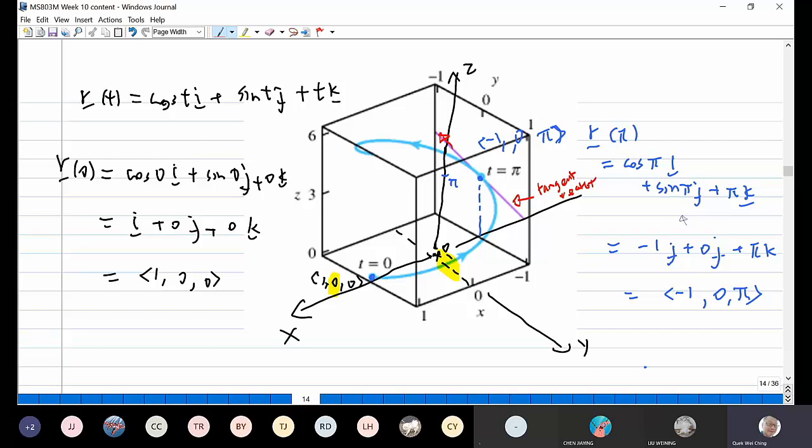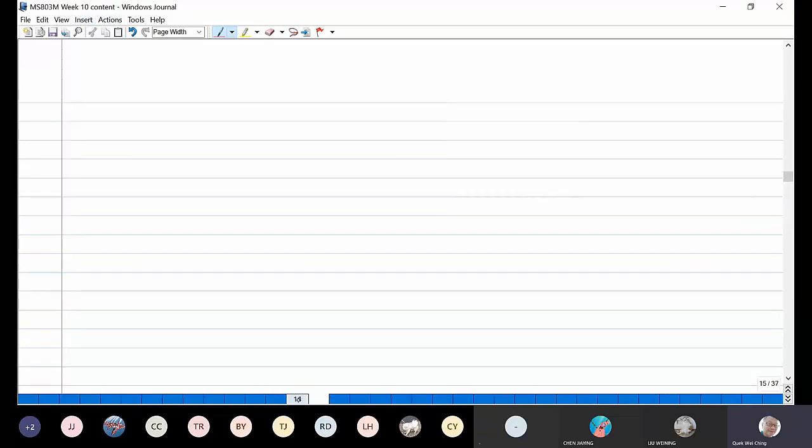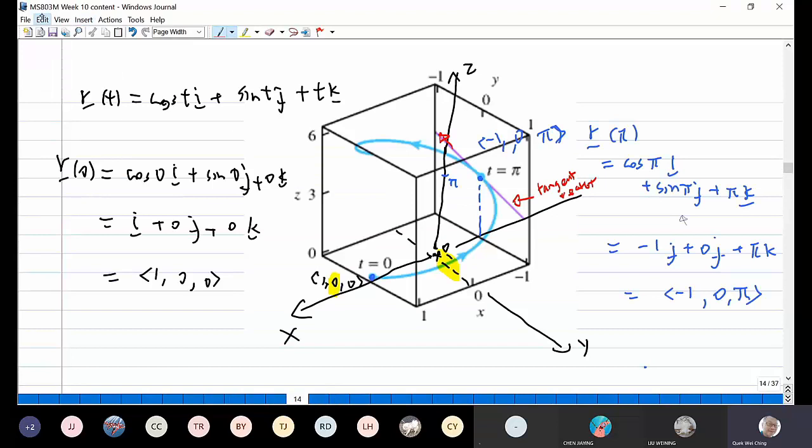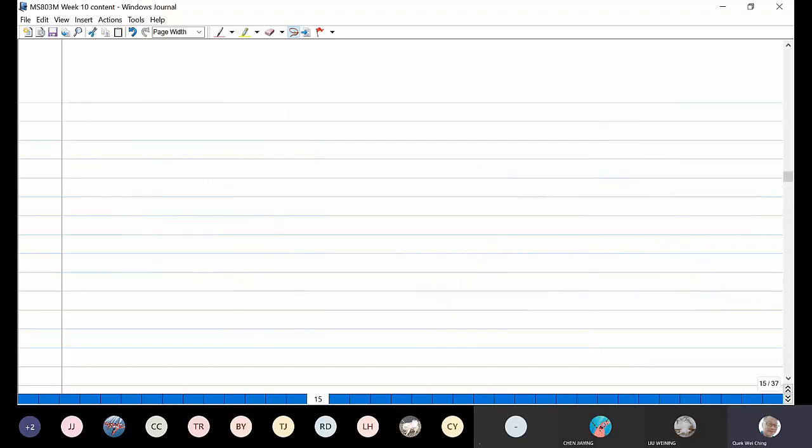So I'm going to move the graph again to show you how to find the equation of a tangent line. I insert a new page here, and I'm going to copy this graph again.